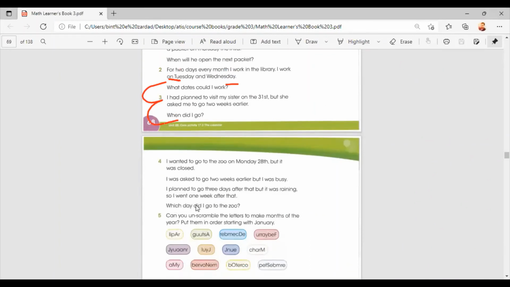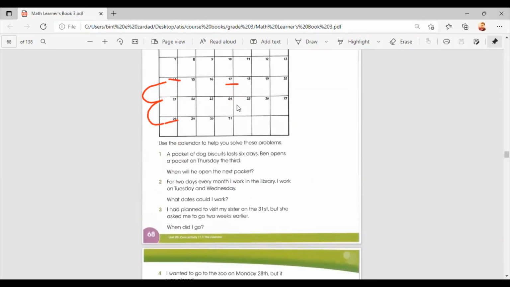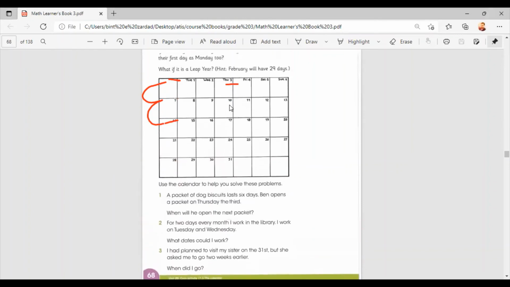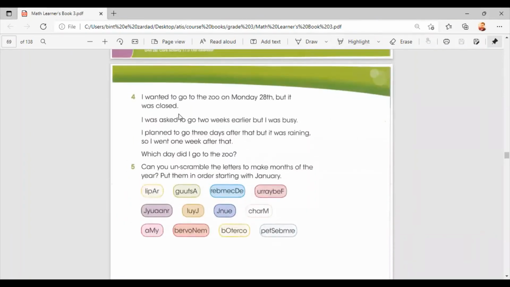It was raining, so I went 1 week after that. After 14, 24. Thursday 24. So we write here Thursday 24. Which day did I go to the zoo? 24, Thursday.